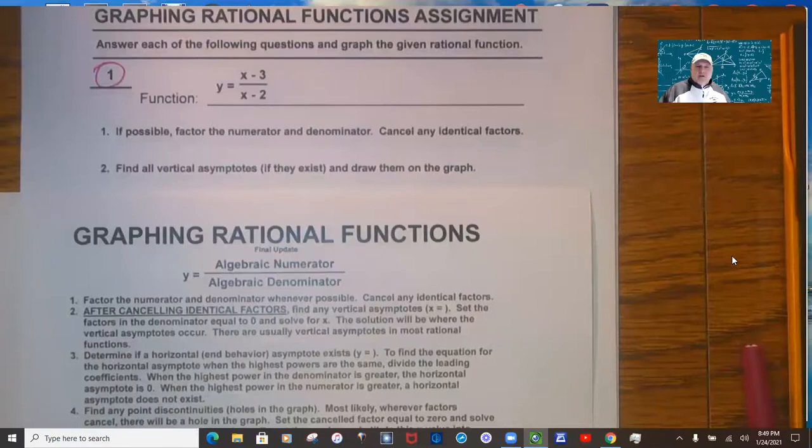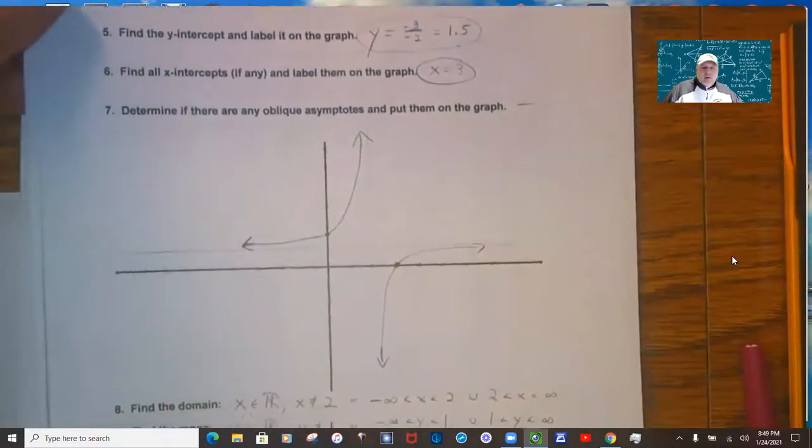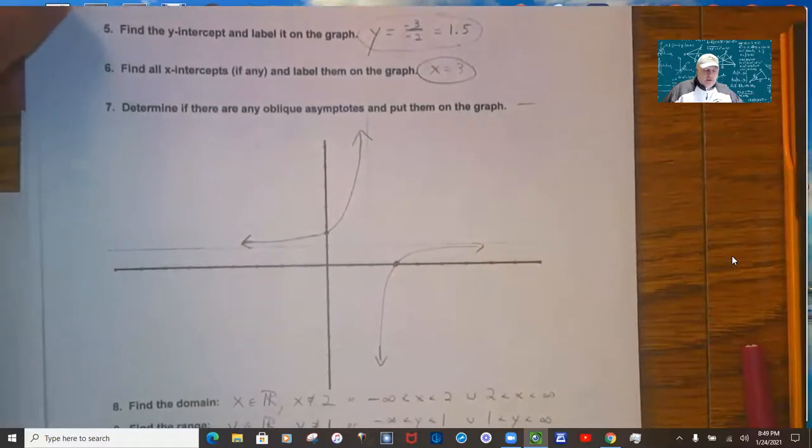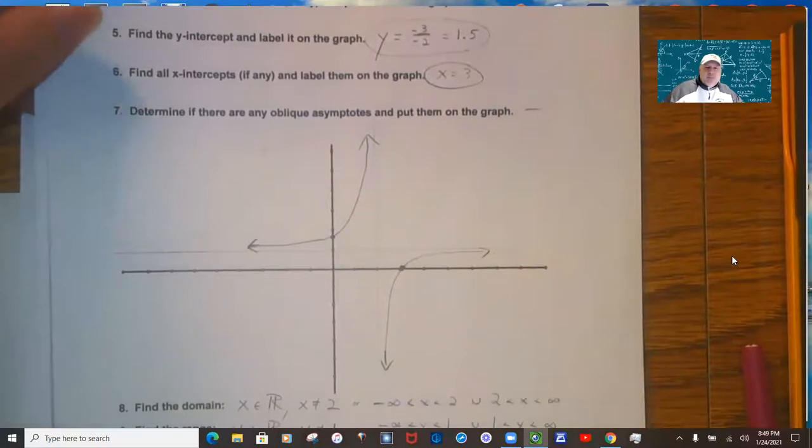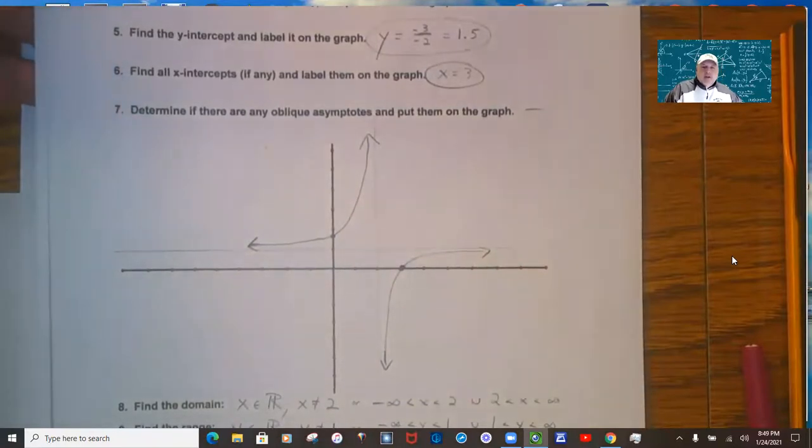So we're going to be studying rational functions in this unit. And basically, let me just throw a quick snapshot down here. You're going to have graphs that look like this, where you're going to see a horizontal line where the graph will get closer and closer and closer to that horizontal line. We call that a horizontal asymptote.